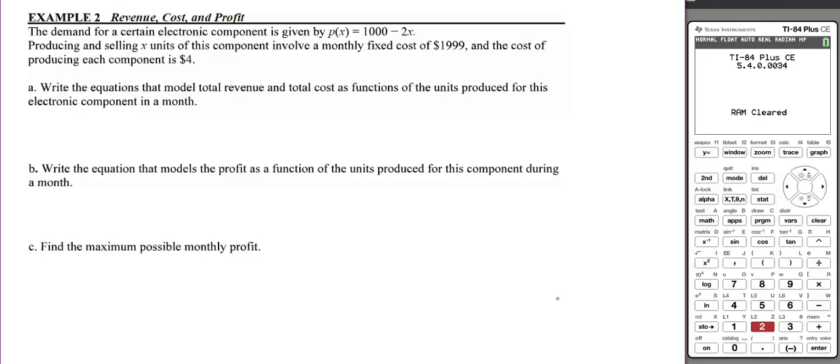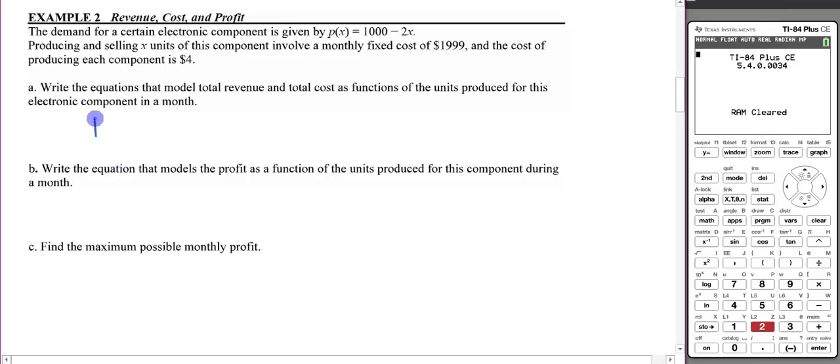Producing and selling x units of this component involve a monthly fixed cost of $1,999, and the cost of producing each component is $4. Write the equations that model total revenue and total cost as functions of the units produced for this electronic component in a month.